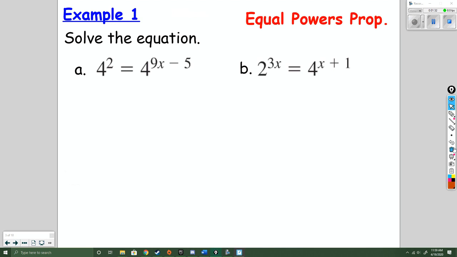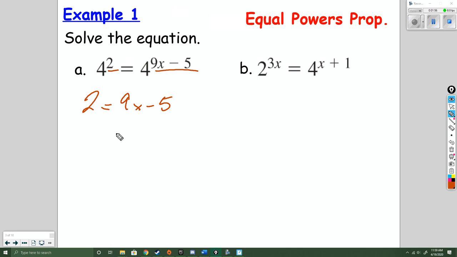All right, so moving on to example 1, solving the equation in part A, we have 4 squared equals 4 to the 9x minus 5. They have the same base, so if these quantities are equal, then obviously these exponents have to be the same. So all we have to do is set the exponents equal to one another, and then just solve from there. And look how easy this is.